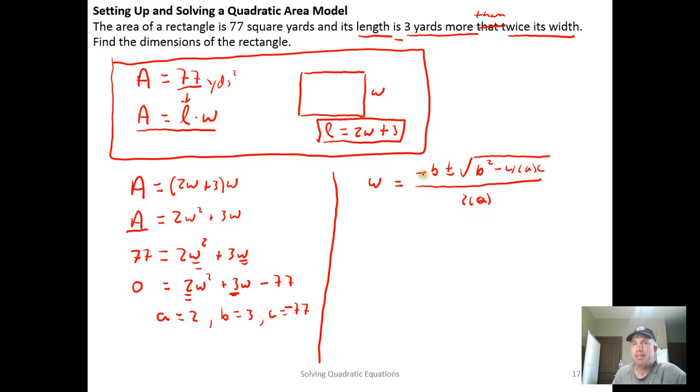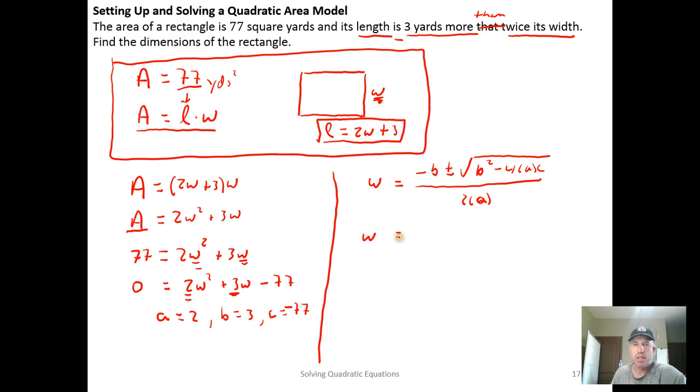And the negative b minus the square root of stuff is probably going to generate a negative number, and because we're asking for a width or a length, we can only use positive numbers, so we need to keep that in mind as we crunch along.